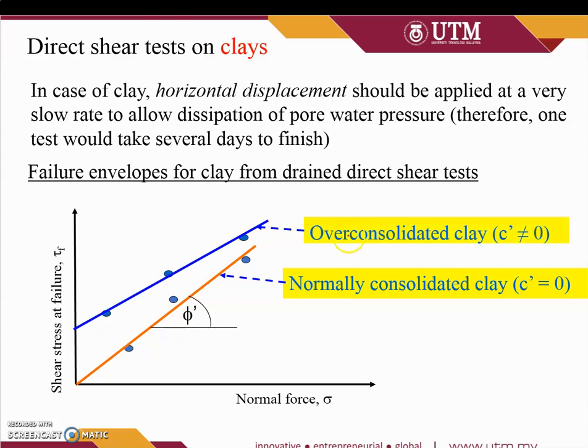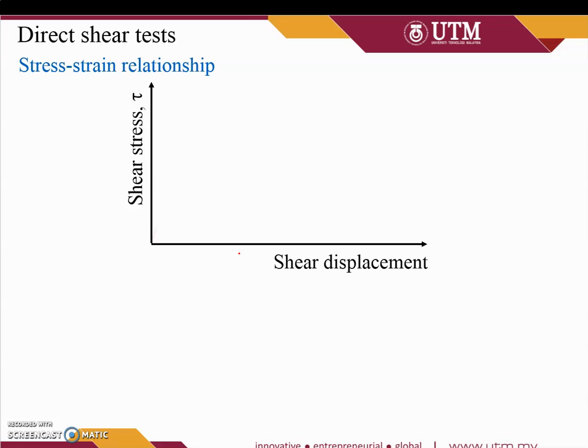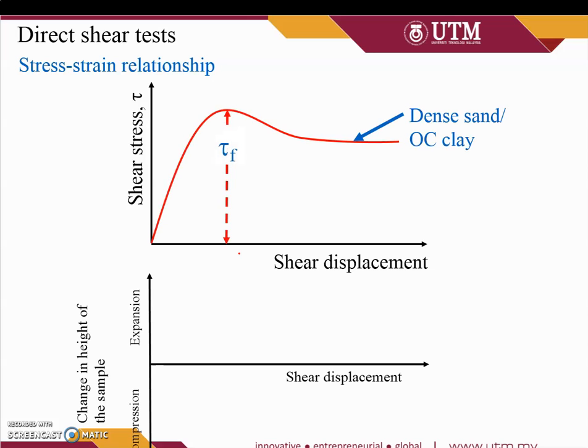But for the over consolidated clay, where c is not equal to 0, we will have a value of c, and at the same time we also have the value of phi. This is also some information for the shear displacement and shear stress plotting for dense sand and over consolidated clay, which is like this.